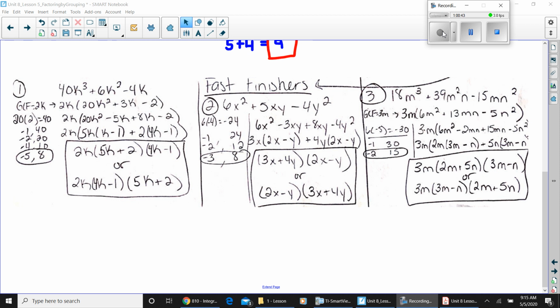These are challenging questions. And remember, every time you have a greatest common factor, go ahead and factor that out first. These are very difficult questions. These are the fast finishers. You can press pause and take a look at the answers, see if you were correct or wrong. And that's about it.